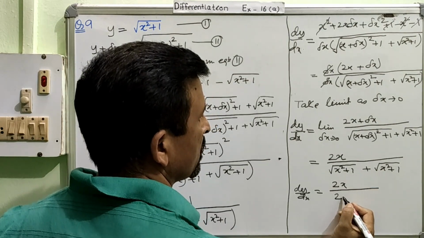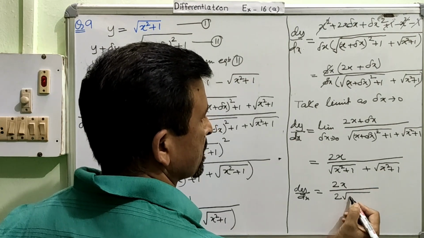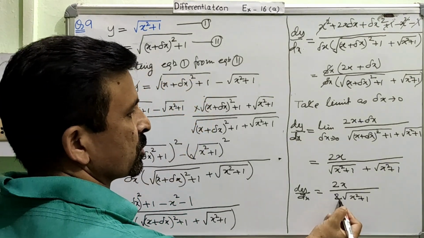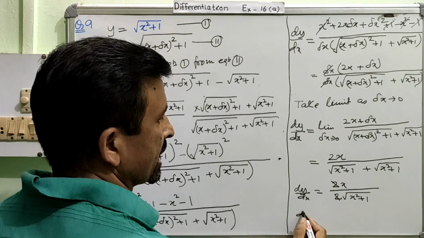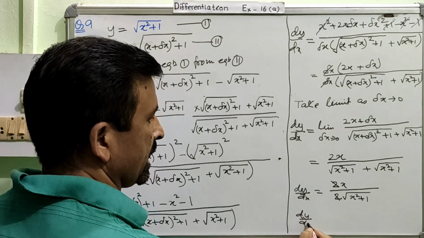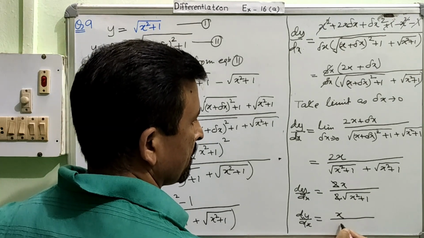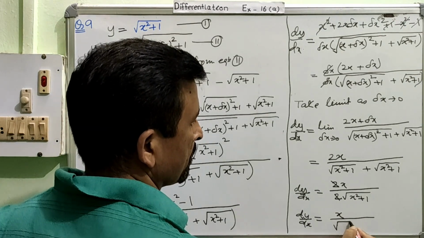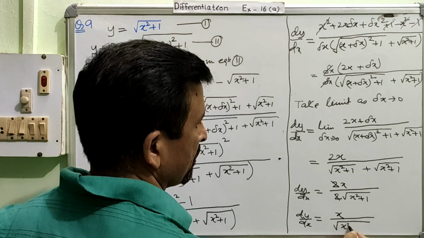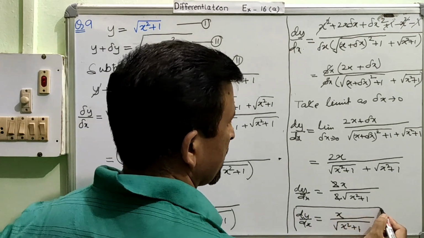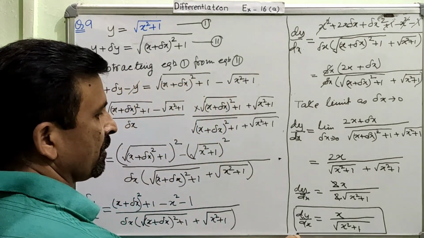So this will become 2 root over x square plus 1. Now this 2 and this 2 cancel. So your final answer is dy by dx is equal to x over root over x square plus 1. And this is your final answer.